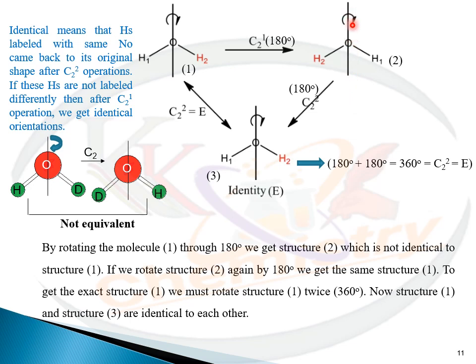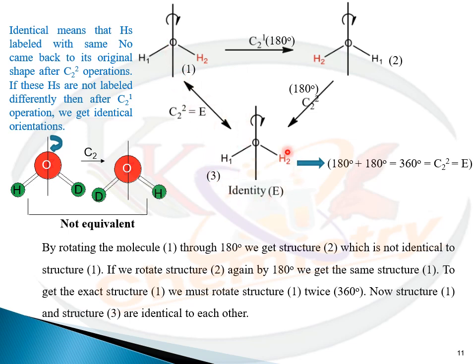Again, apply a C2 operation on this molecule. It will become C2 squared. C2 to the first is here, 1 meaning the first rotation through 180 degrees. The second is another rotation through 180 degrees, meaning two rotations. We have rotated the molecule twice, so again we get an identical structure, just like the first one.